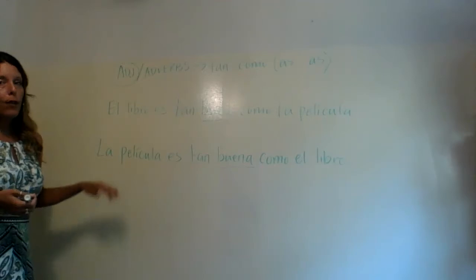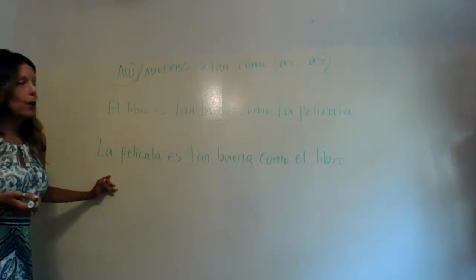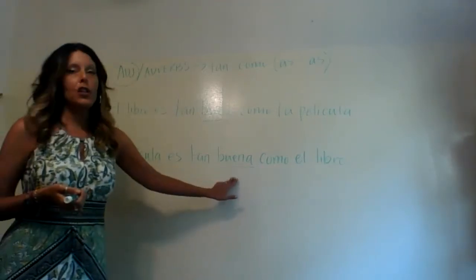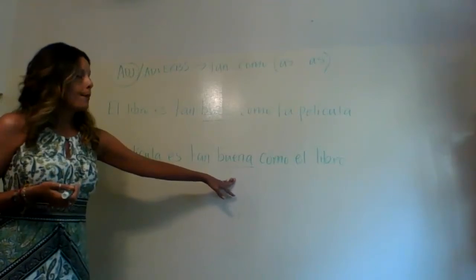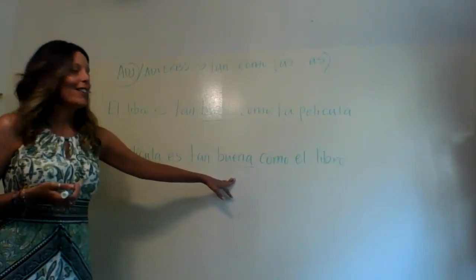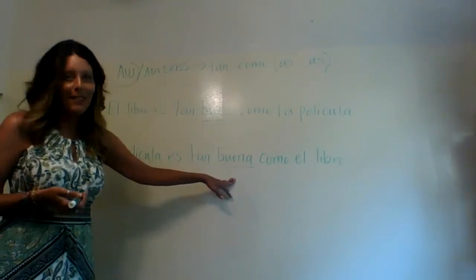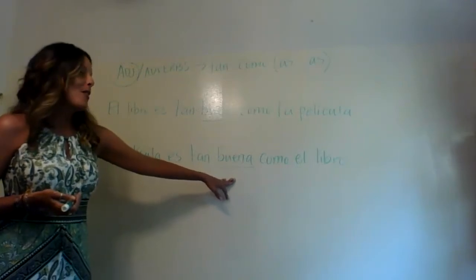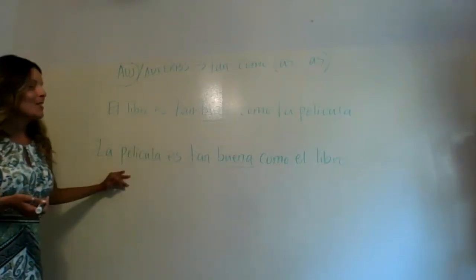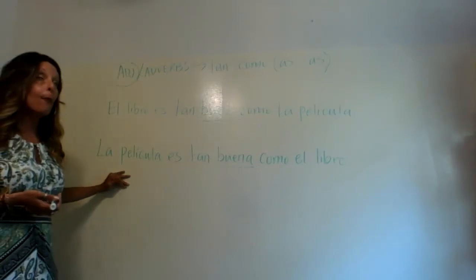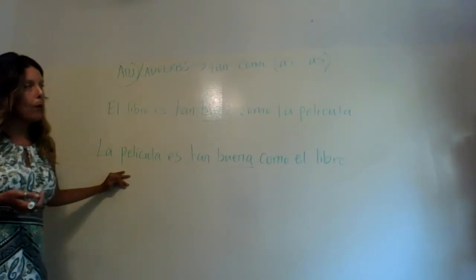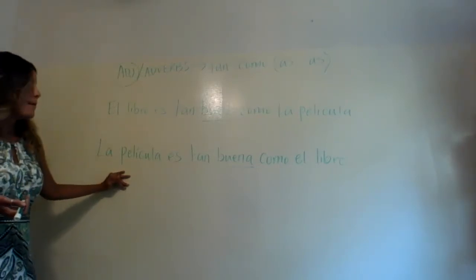On the other hand, if you look down at the second example to show you that our adjective will have to change in gender and number, I just made it singular, feminine, because the thing that we're describing now is going to be la película. So we have la película es tan buena como el libro. What would that sentence mean?